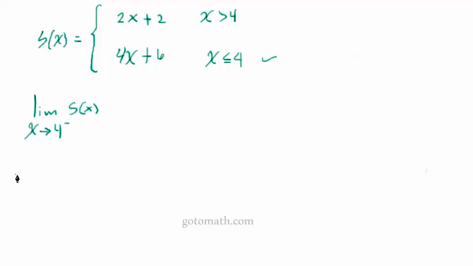Okay, so let's go ahead and rewrite this limit. So we have the limit as x approaches 4 from the left hand side of 4x plus 6. And I'm going to now just do direct substitution, plugging 4 directly in.